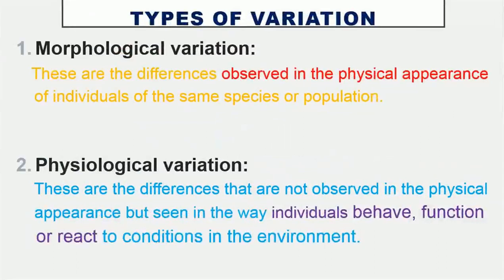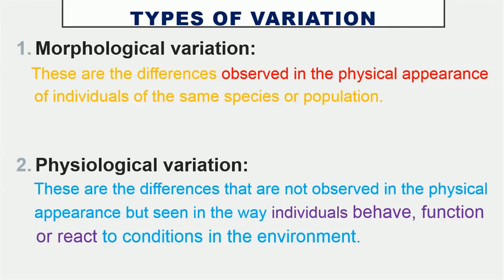So let's talk about types of variation. There are 2 types of variation. Number 1, morphological variation. These are the differences that are observed in the physical appearance of an individual of the same species or population. Now, these differences can be seen just by looking at the organisms.